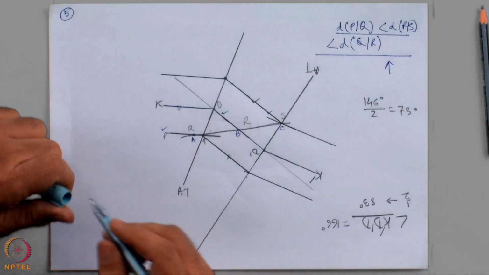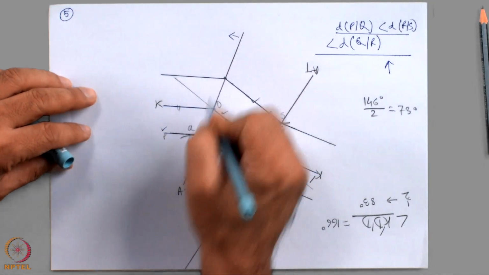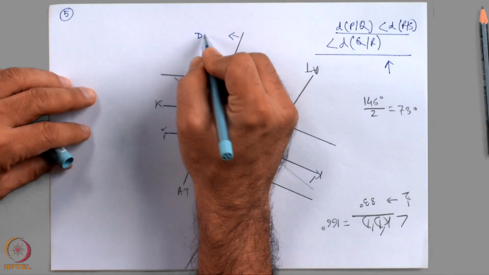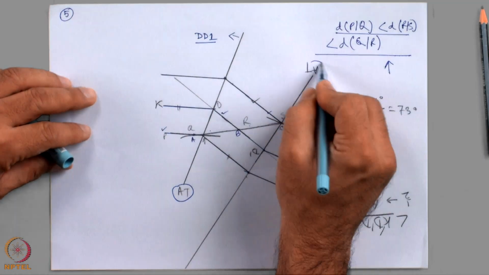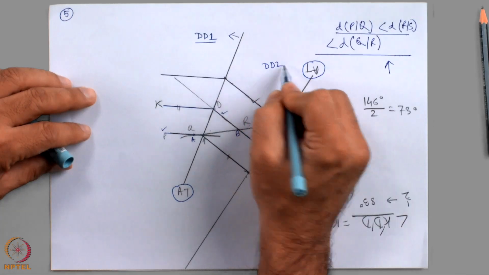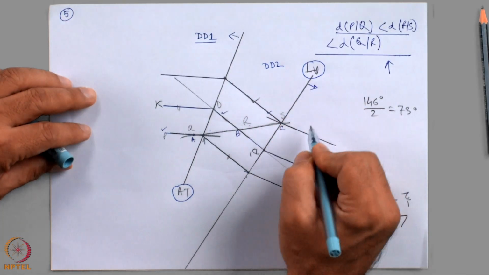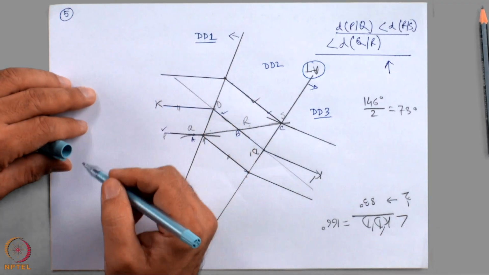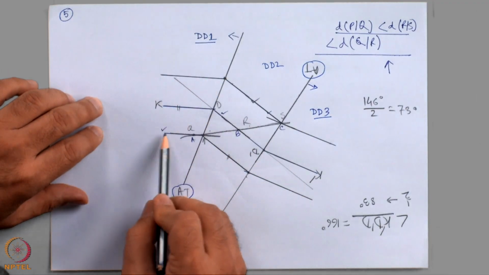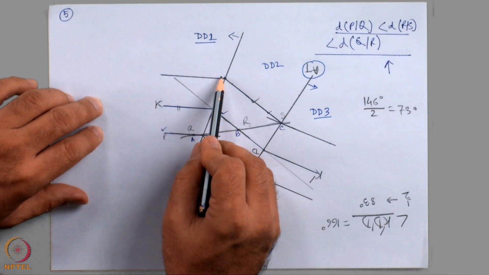Now, if I want to define the dip domain, in this side of the axial trace is dip domain 1, between the two axial traces is the dip domain 2, and in this side of the axial trace is the dip domain 3. In dip domain 1, all the layers, all lithological contacts have similar dip and dip direction.